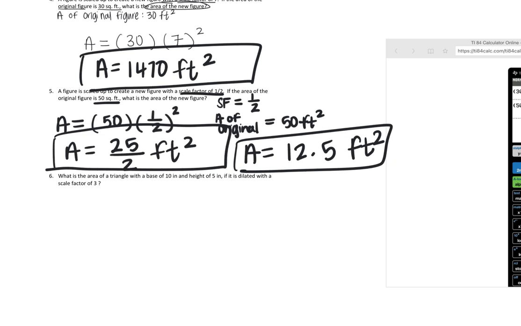The last one, it says, what is the area of a triangle with a base of 10 inches and height of 5 inches if it is dilated with a scale factor of 3? Okay, so first things first, the scale factor is 3. I need to figure out what is the area of the original figure.